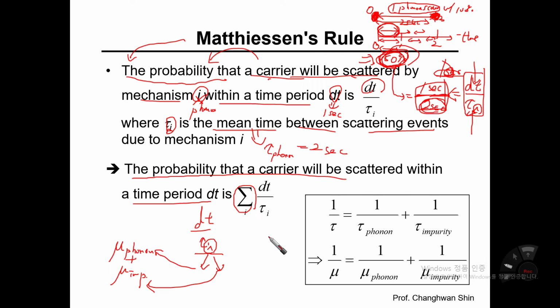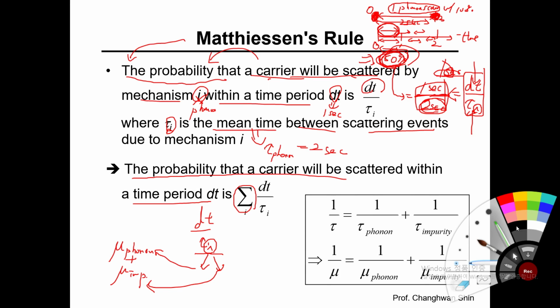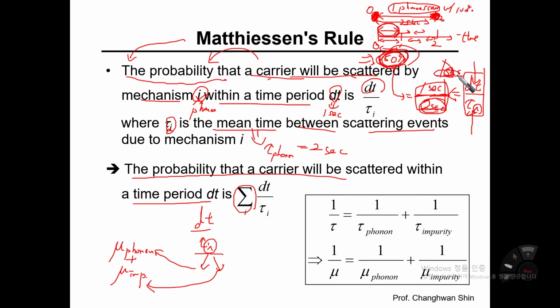Let's do this, with a different color. Every 3 seconds, one impurity scattering can happen.